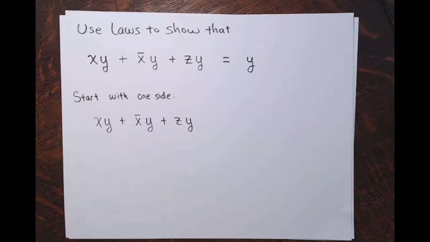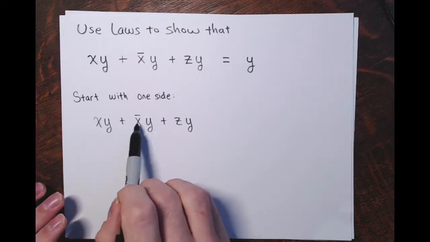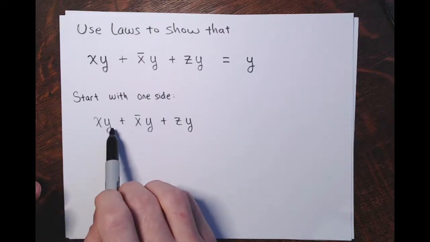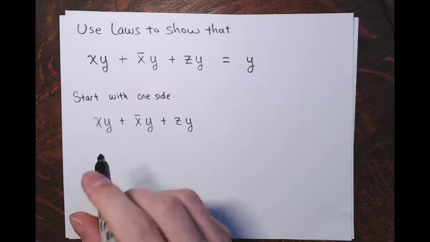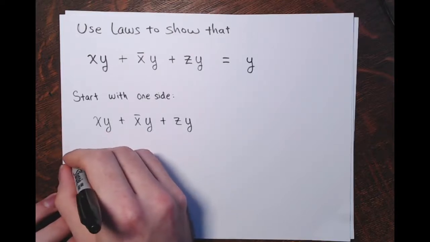Then I'm going to go through one step at a time and apply different laws. Now these first two terms both have this y in common, so you can factor that out, the distributive law.